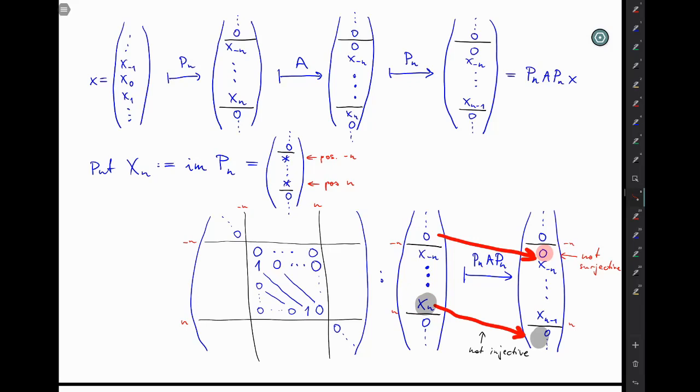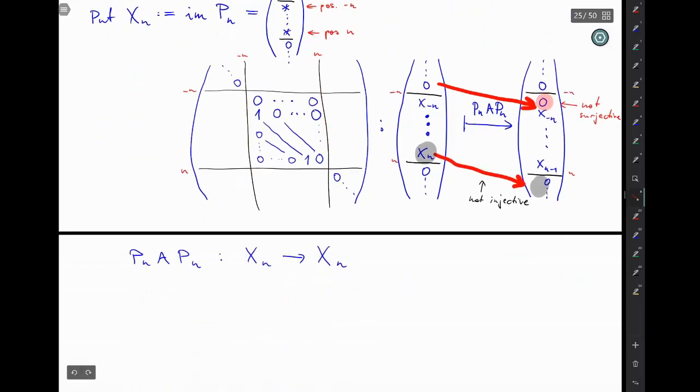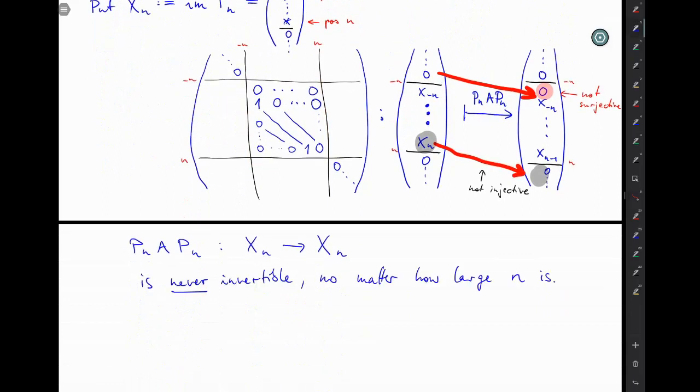So if you make these finite sections bigger, then the same two problems still occur. So no matter how large you choose your n, these approximations Pn, A, Pn here will always be singular, non-invertible. Which is of course something that we didn't see before.